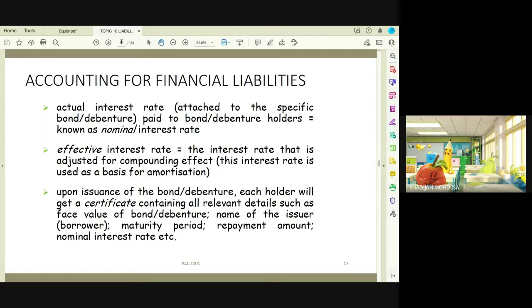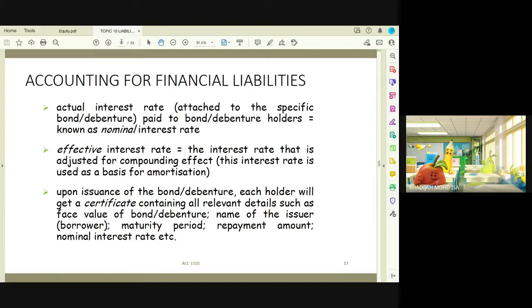The effective interest rate is adjusted for compounding effects and used as a basis for amortization. Upon issuance of the bond, each holder will get a certificate containing all relevant details such as face value of the bond, name of the issuer, maturity period, repayment amount, or nominal interest.